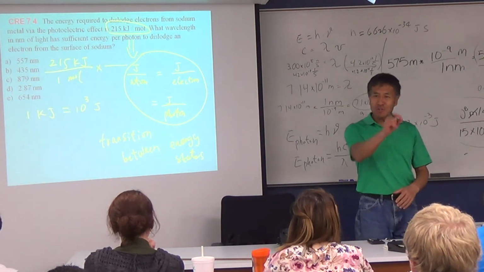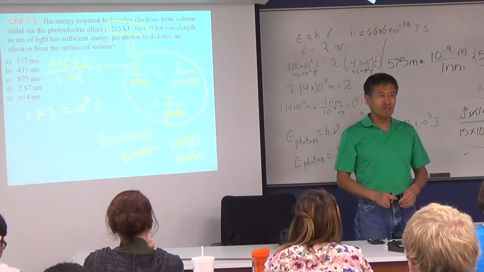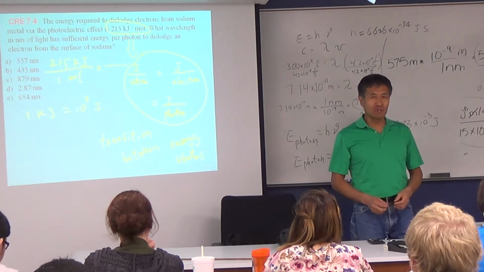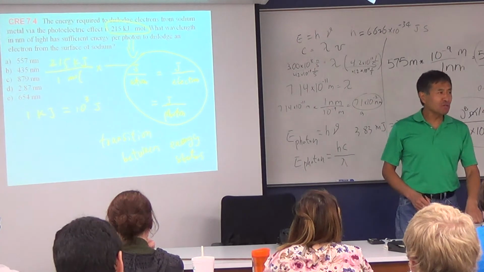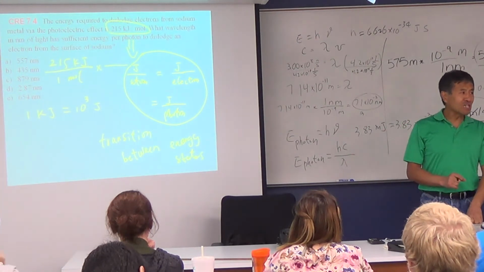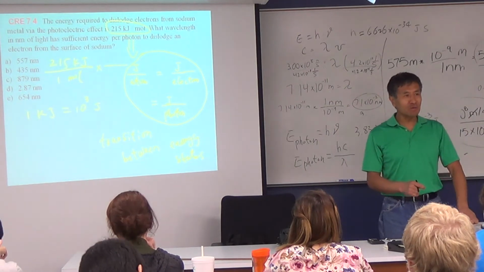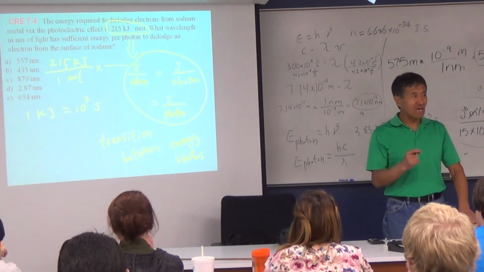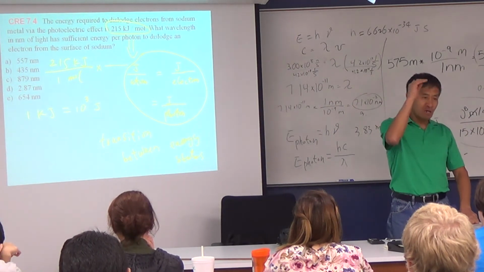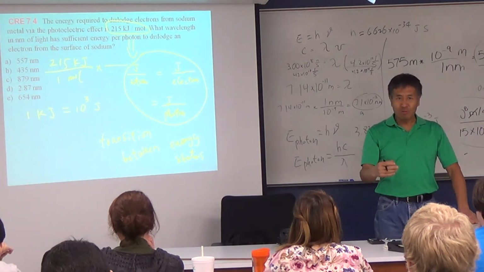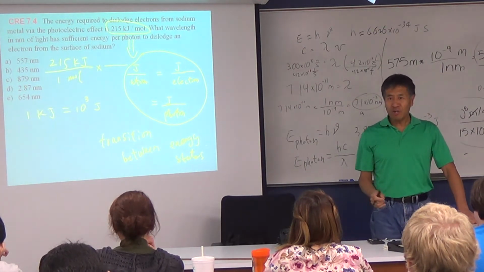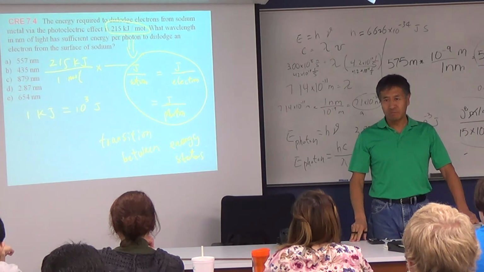Each of those jumps up and down requires some energy. Under some assumptions, when you have that energy from a higher state jumping back to a lower state, that only creates 1 photon.